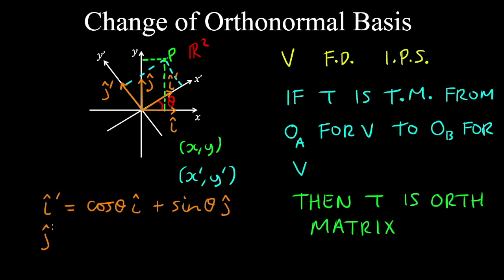And similarly j hat dash, given that this angle is also theta, can be written as minus sine theta in the direction of i plus cosine theta in the direction of j.